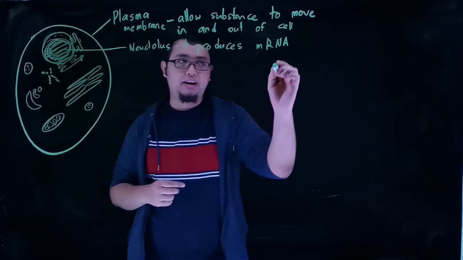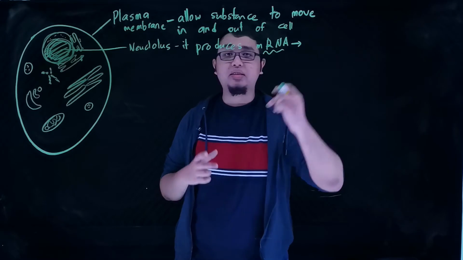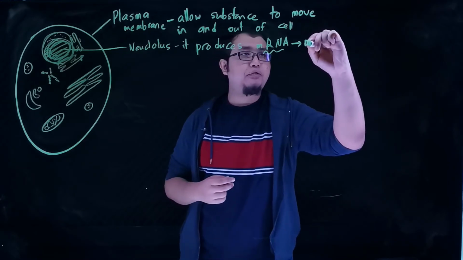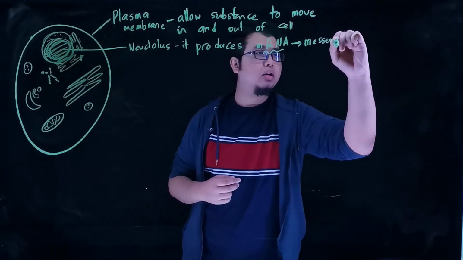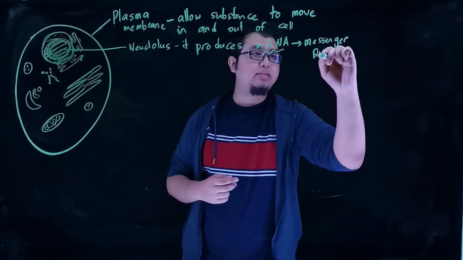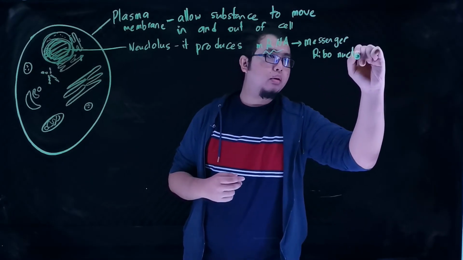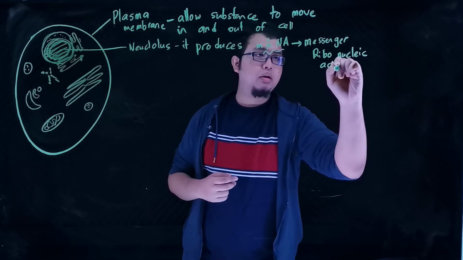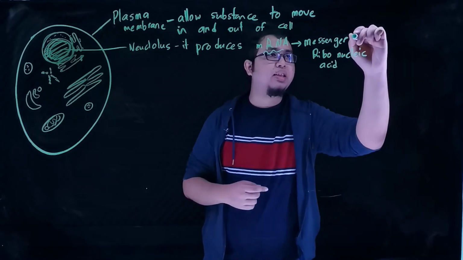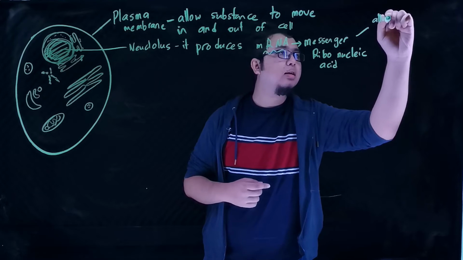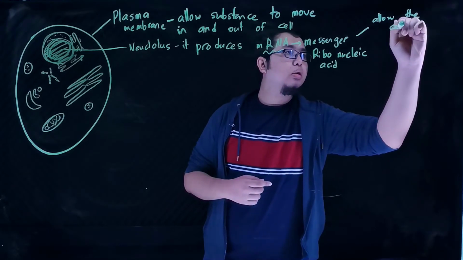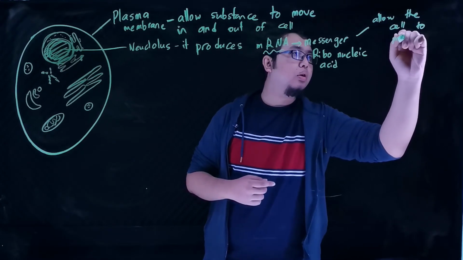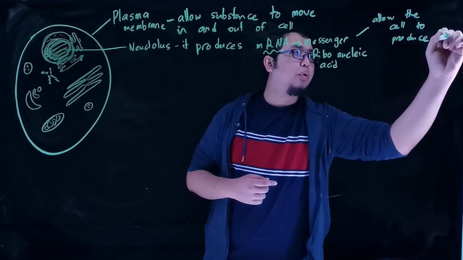What is mRNA? mRNA is a name derived from messenger ribonucleic acid. So what this does is that it allows the cell to produce its own protein.